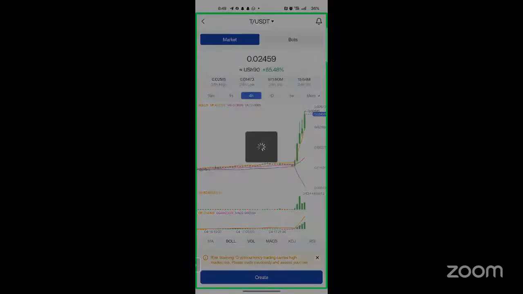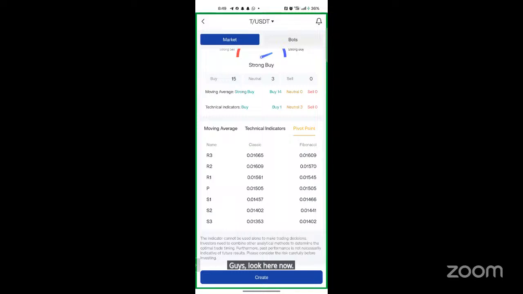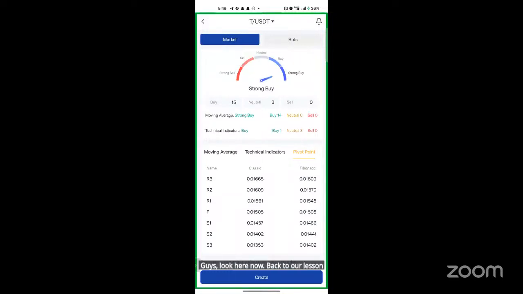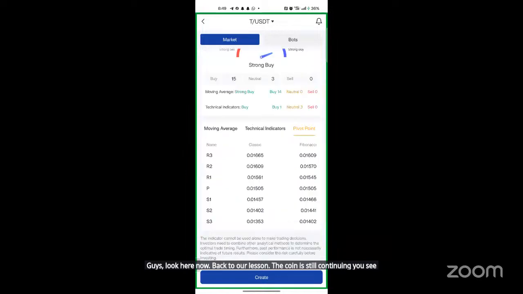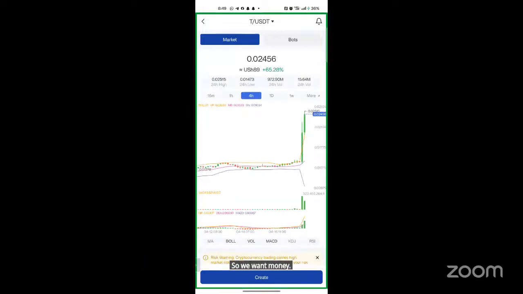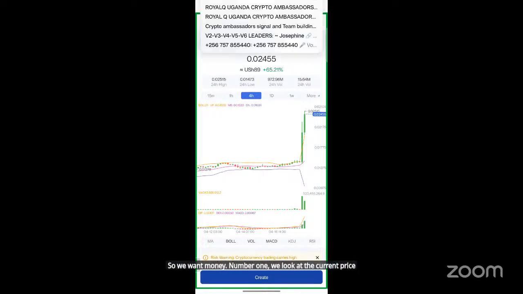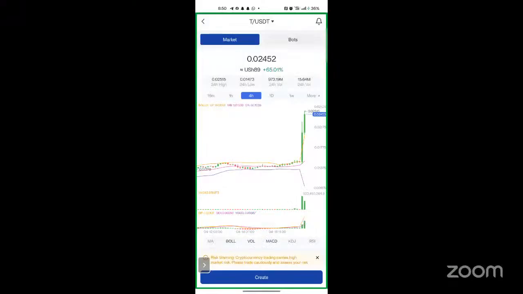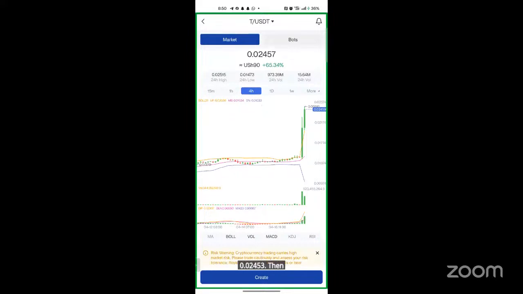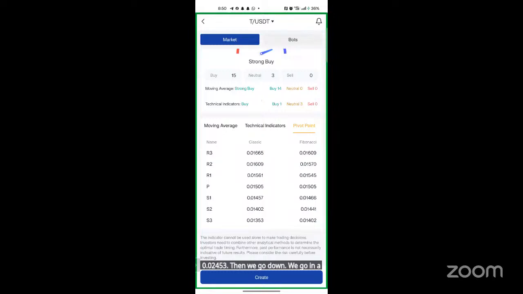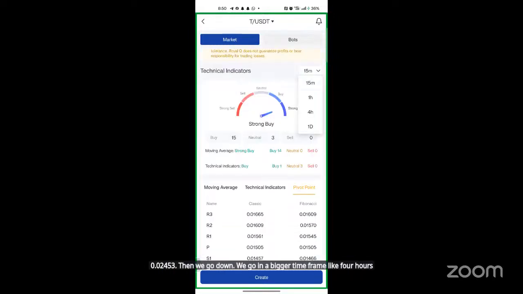Guys, look here now. Back to our lesson. The coin is still continuing. So we want money. Number one, we look at the current price, 0.02453. Then we go down. We go in a bigger time frame, like 4 hours, or 1 day.